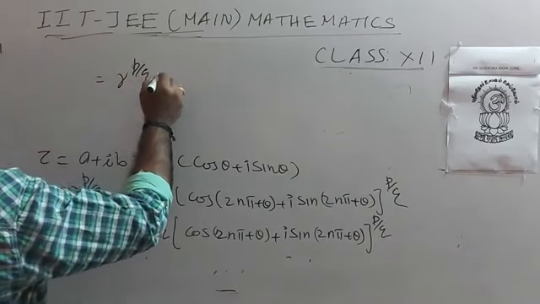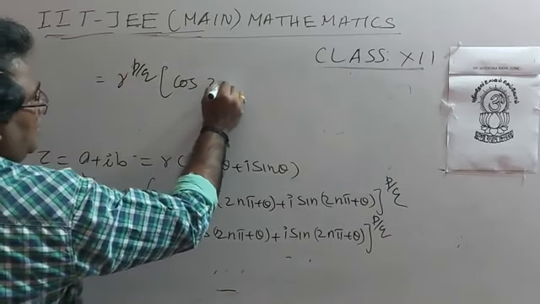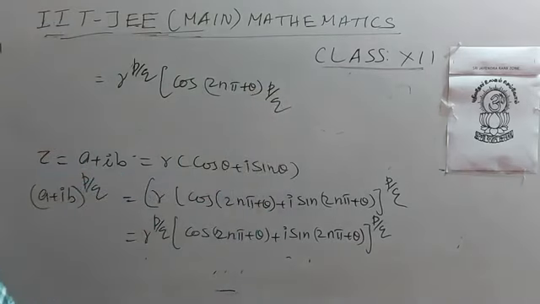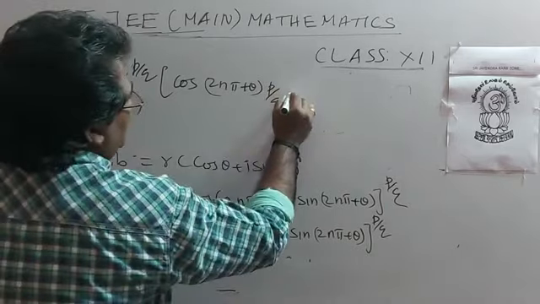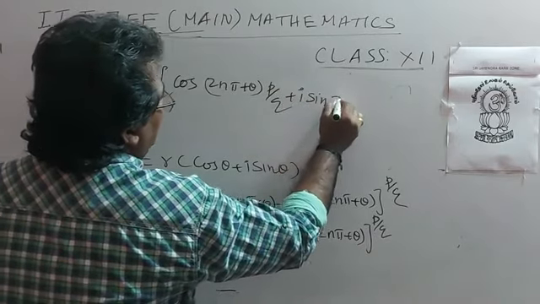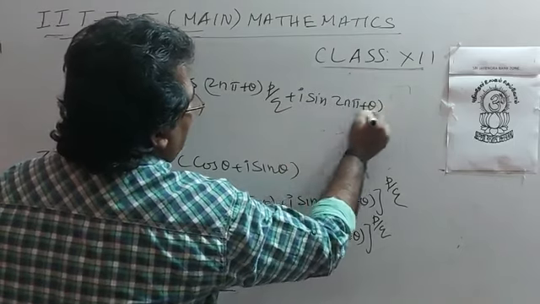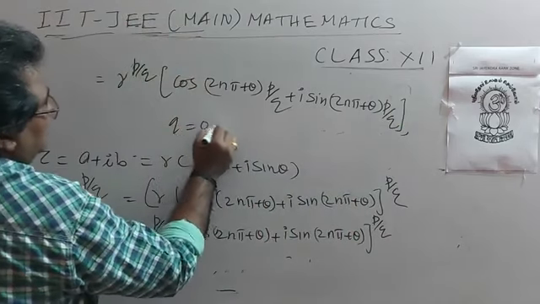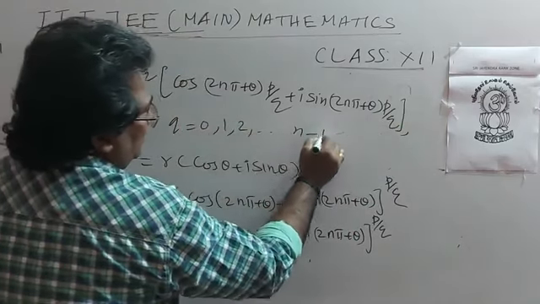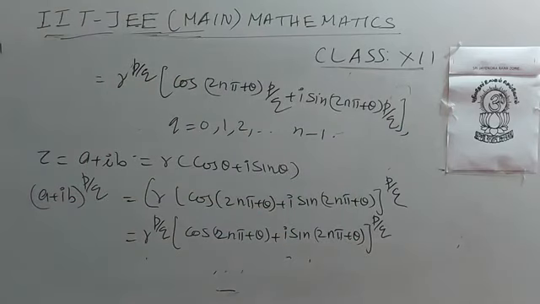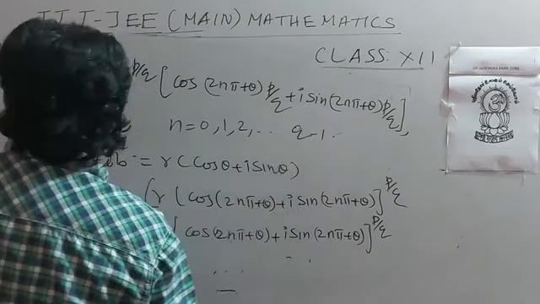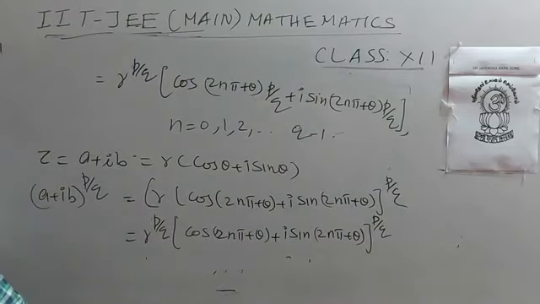R power p by q cos (2n pi plus theta) into p by q plus i sin (2n pi plus theta) into p by q. Sorry, n varies from 0 to q minus 1.